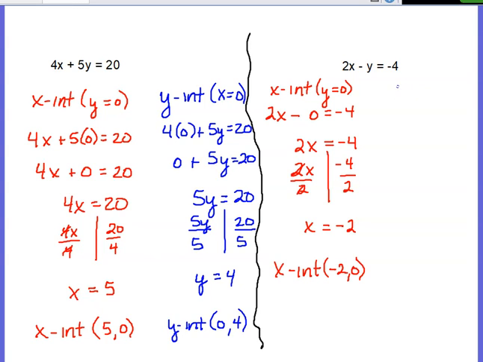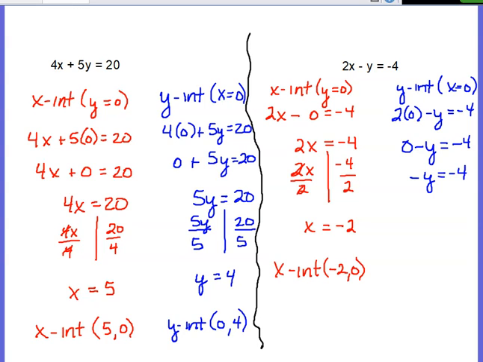Okay, for my y-intercept, remember for your y-intercept, x is equal to 0. So if I substitute 0 in for x, I get 0 minus y equals negative 4. Well, 0 minus y is just negative y equals negative 4.